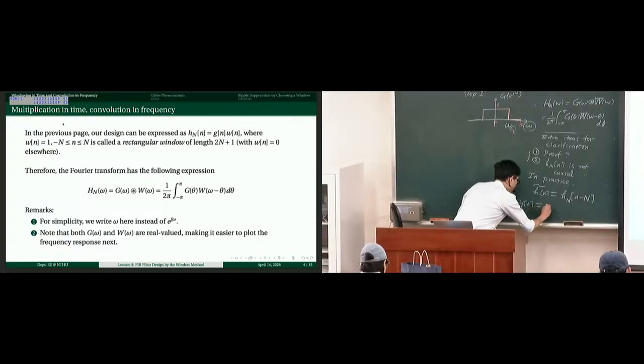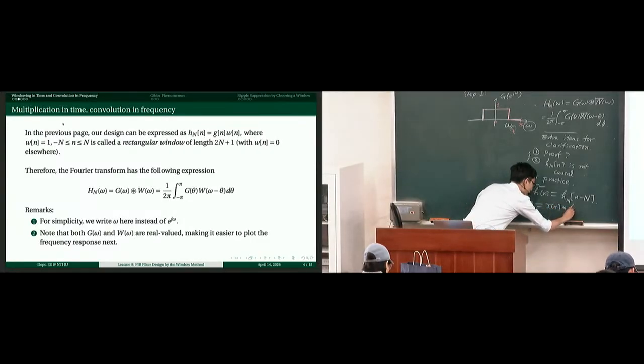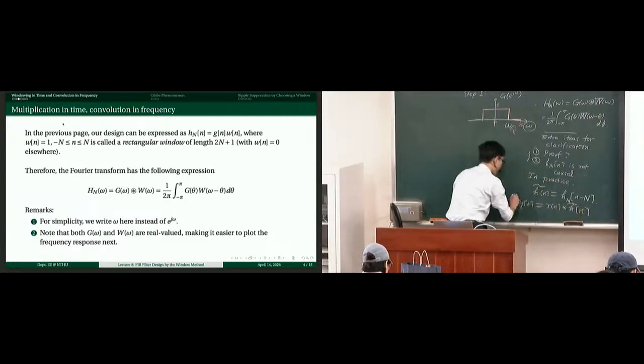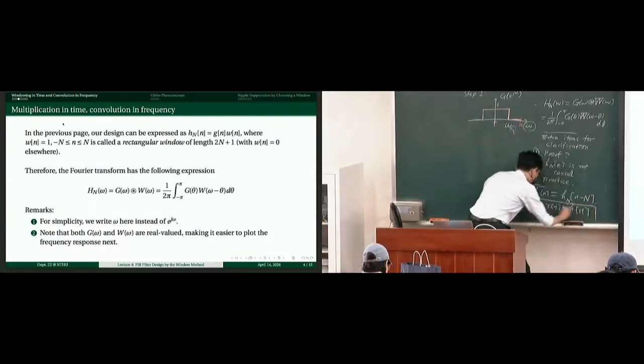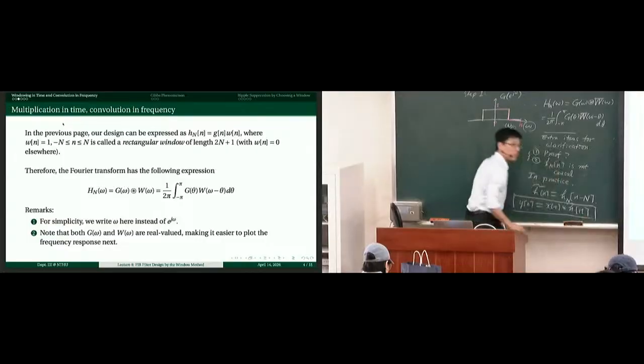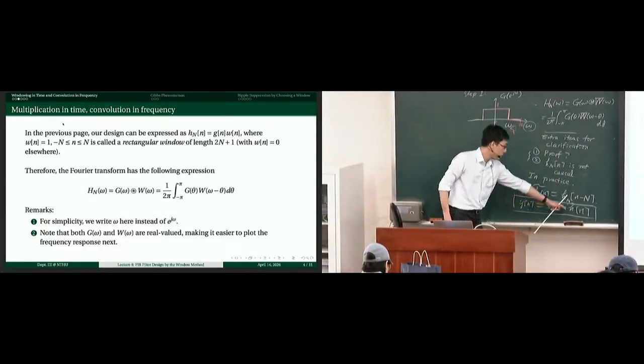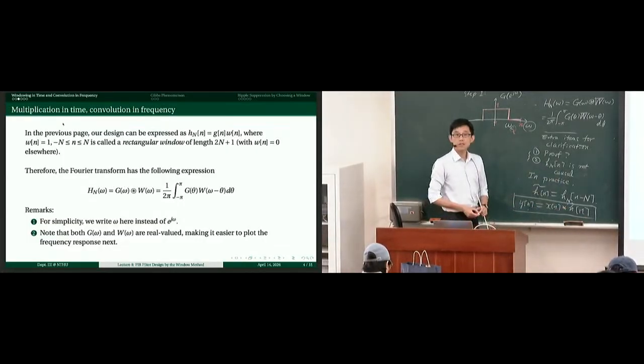Now your output is x[n] convolved in time with h, your FIR filter. In practice, you know that convolution can be implemented as long as the filter is causal. So in the end, it's not a problem. This is the way we are going to use our filter.